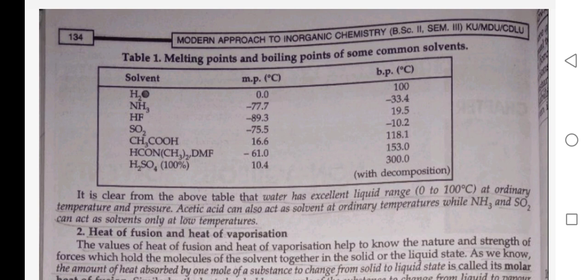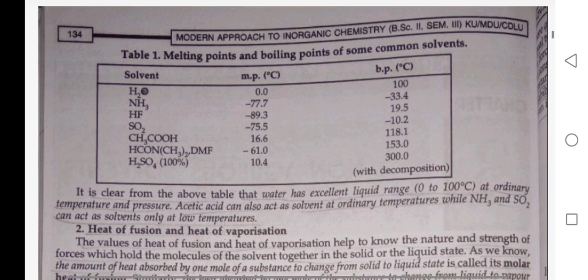Melting point and boiling point of some common solvents. For example, the solvent H2O has melting point 0.0 degrees Celsius and boiling point 100 degrees Celsius. The solvent NH3 has melting point minus 77.7 degrees Celsius and boiling point minus 33.4 degrees Celsius. Now the solvent SO2, sulfur dioxide, has melting point minus 75.5 and boiling point minus 10.2 degrees Celsius.